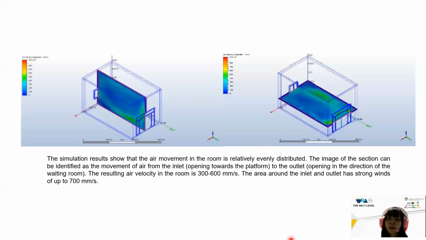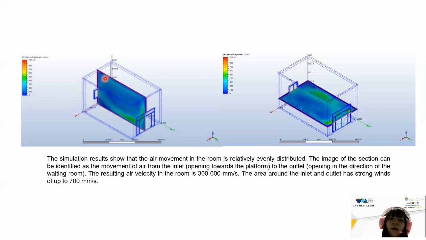Okay, next is the last sample, the gift shop or souvenir shop. The results show the air movement in the room is relatively evenly distributed. In the image section, the movement of the air from the inlet to the outlet can be identified.